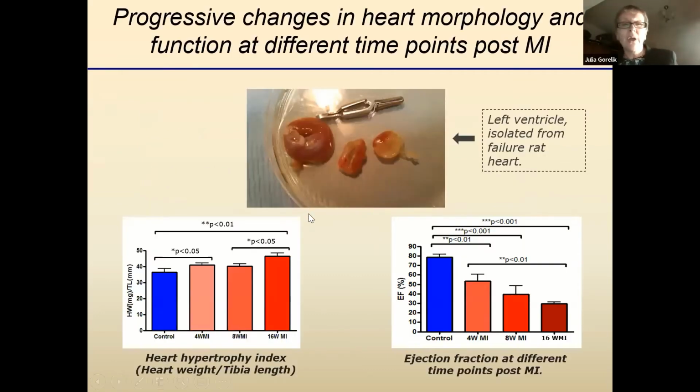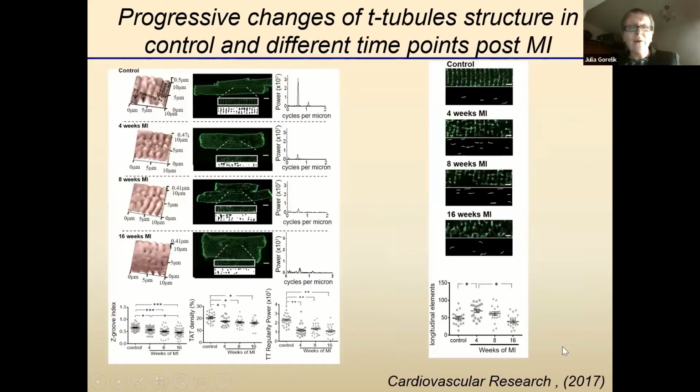We decided to check the progressive changes during heart failure and myocardial infarction. We checked 4 weeks, 8 weeks and 16 weeks after myocardial infarction, and we found gradual changes in the T-tubules and in the beta-adrenergic receptor signaling.